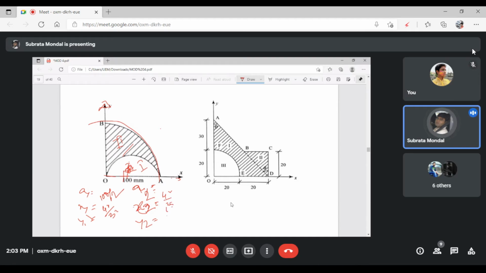For y2, that is also 4r by 3 pi. So you have to subtract this position from 2 to 1. You have to subtract. Simple, nothing else. Now try to solve this particular problem. This is for all of you.